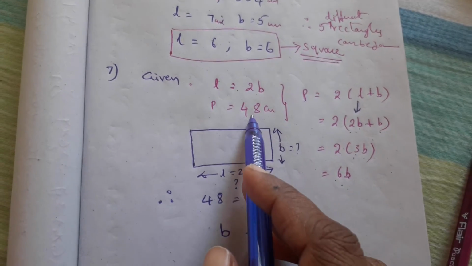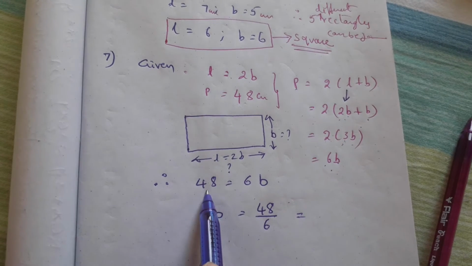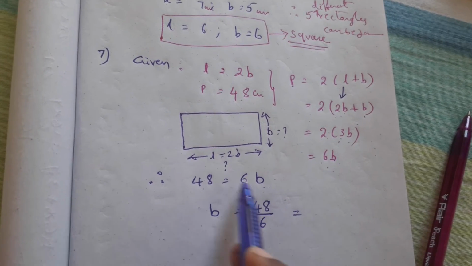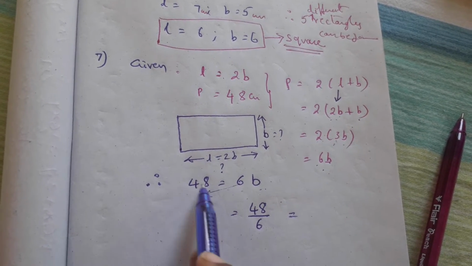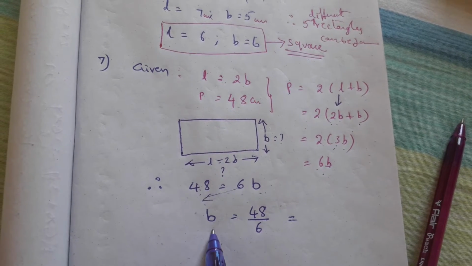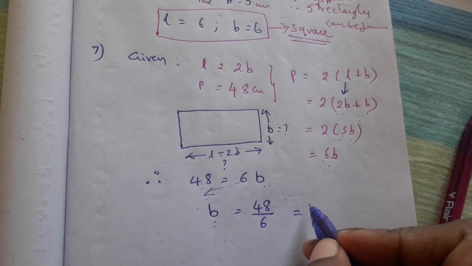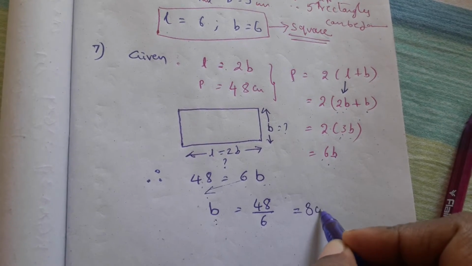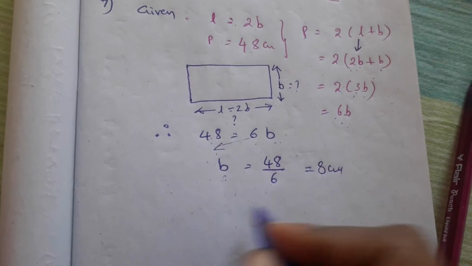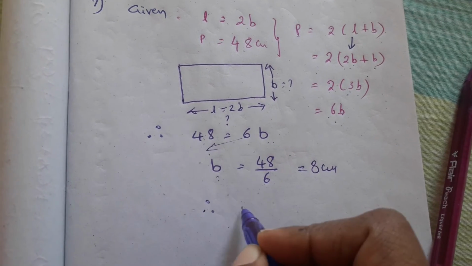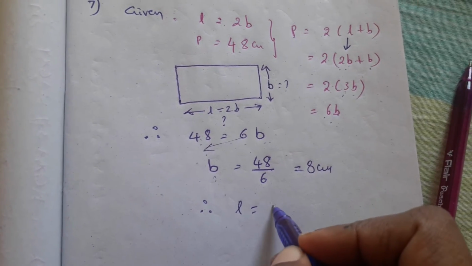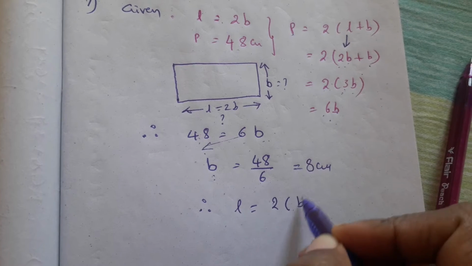Now use this 48 centimeters. 48 is equal to 6B. And from here on cross multiplication, you will get 48 by 6 is equal to B. So 6 8s are 48. So B is equal to 8 centimeters. Now therefore L is equal to how much? 2 into B, is it not?